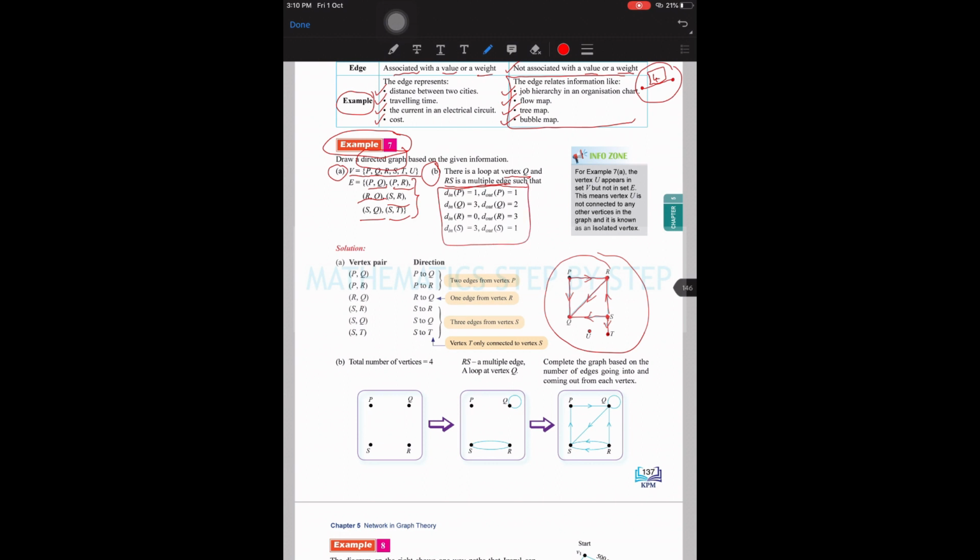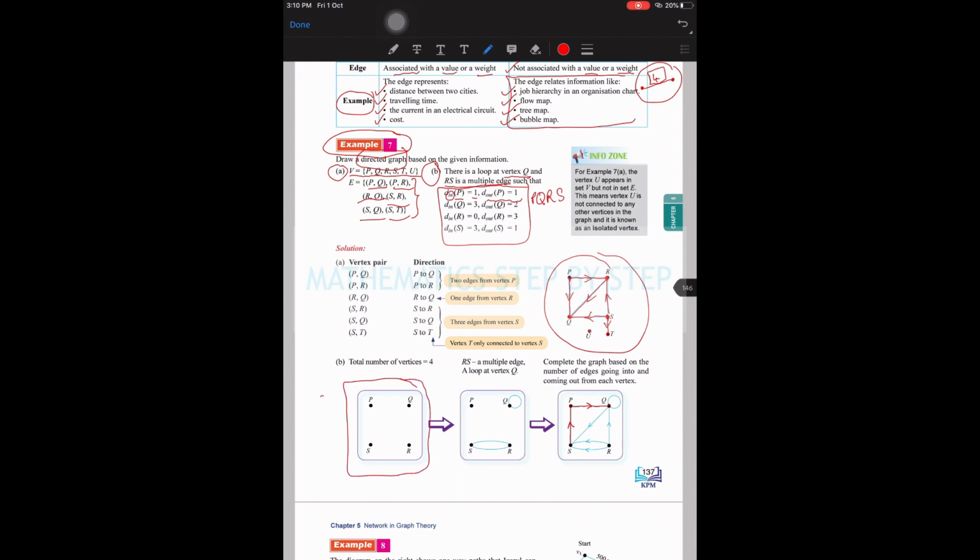Let's learn to draw. From the information given, we know there are 4 vertices named P, Q, R, S. We see at vertex P, the number of edges going in equals 1, and coming out is 1. So you have to start from the left.